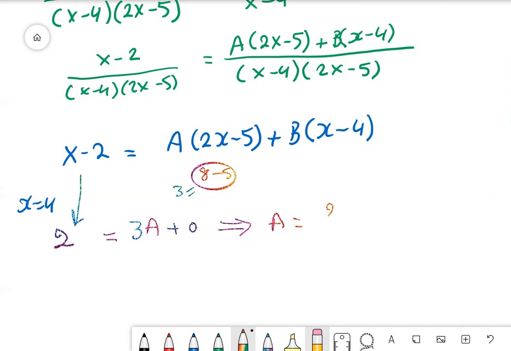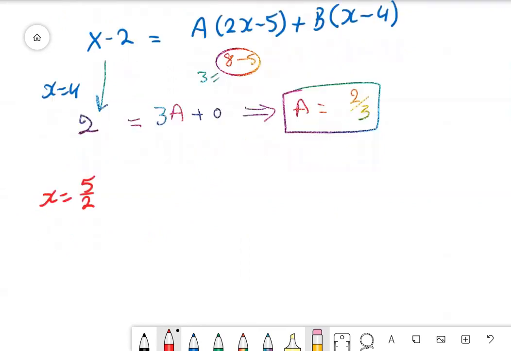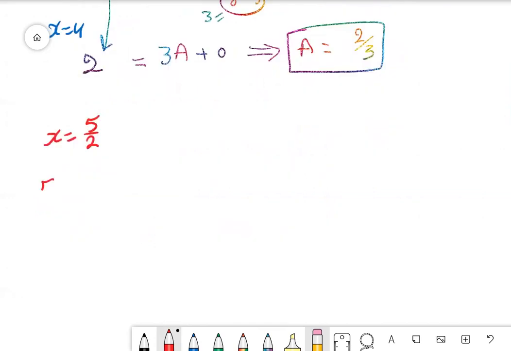Okay, so that's a. And now we need to find b. So we make x equals 5 over 2. So when x equals 5 over 2, then we will get 5 over 2 minus 2 equals 0 plus b times 5 over 2 minus 4.